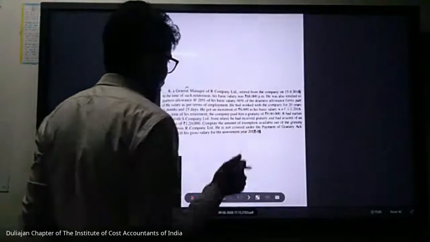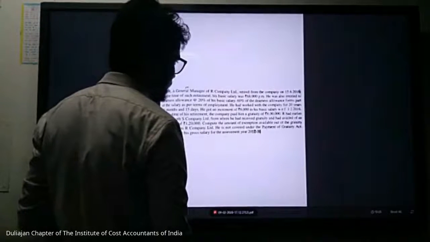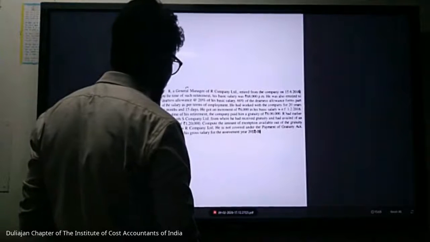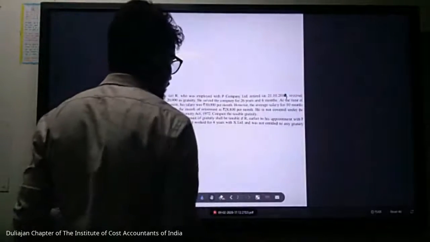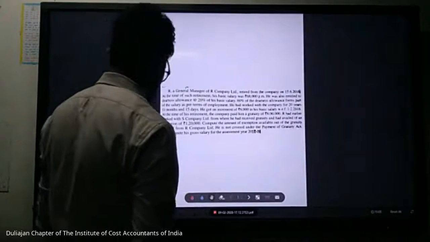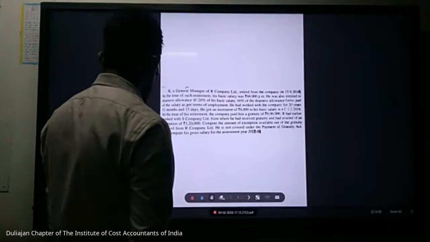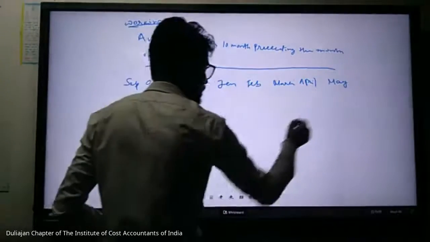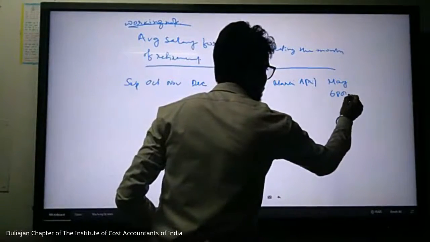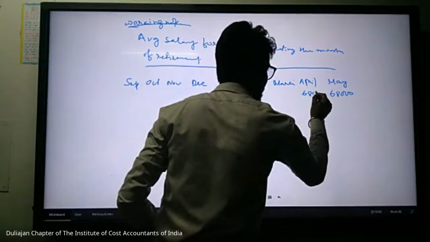So his basic was 68,000 per month. And did he receive any increment? He received an increment in the month of February. So we can write 68,000 basic till March.